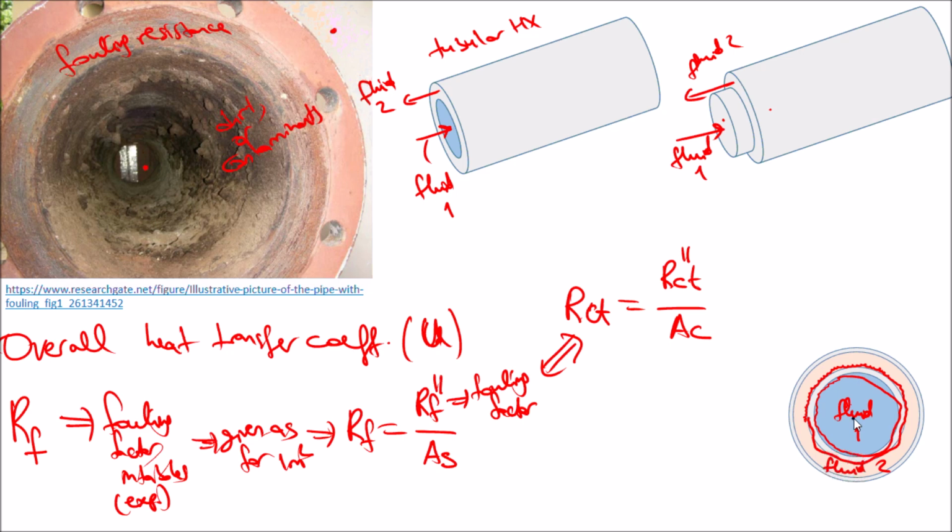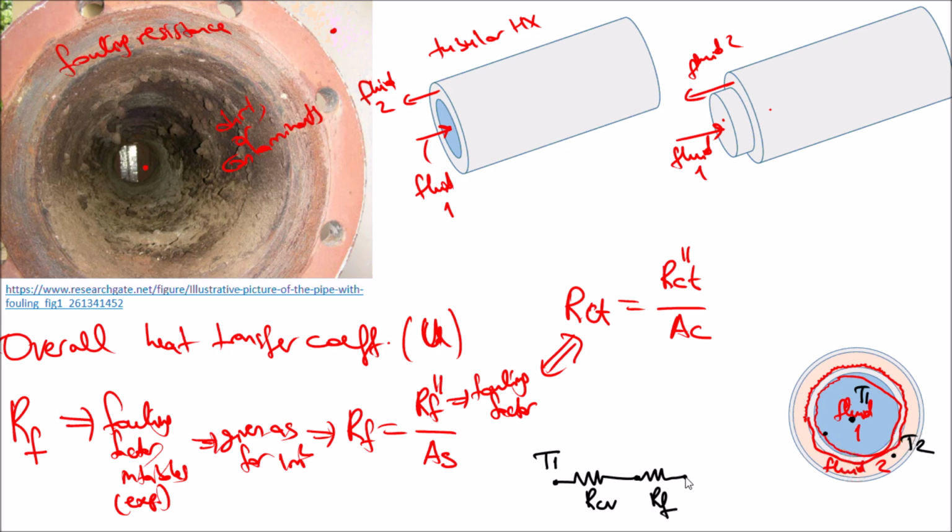So if I write the thermal resistance network between fluid 1 and fluid 2, let's say that fluid 1 is at temperature T1 and fluid 2 is at temperature T2. From T1 to the wall, till the dirt, you have the convection resistance R_CV, and then from here to the wall you will have the fouling resistance.